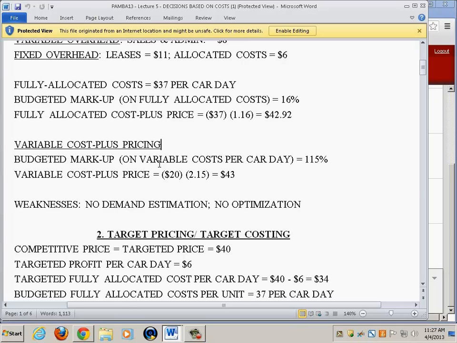Does everybody see here the vertical axis? Okay. On the vertical axis, we measure dollars of price, the price we charge, and the cost per unit. Measure both of those on the vertical axis. So let's assume that we plan on selling 30,000 car days.